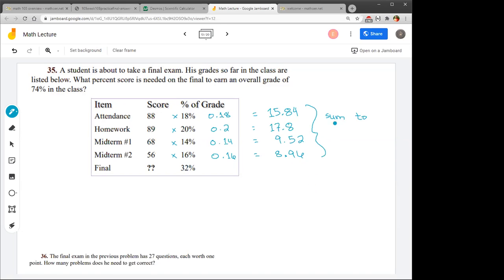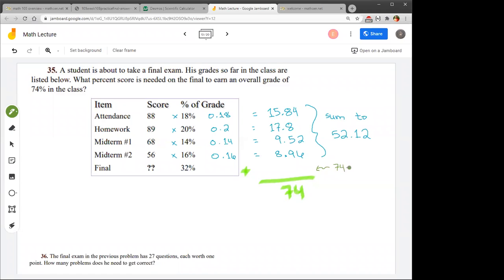Which is a total of 52.12. And then we want 74%. So it's gonna be 74 minus the 52.12.